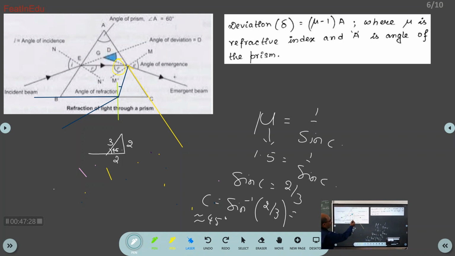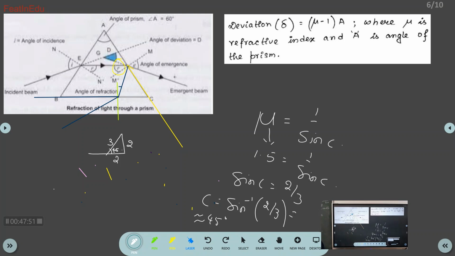If this angle was different, then this angle also will be different, less or more. Having accepted this is A, we have to examine what this is, whether it is greater than the critical angle or less than the critical angle, and accordingly take the decision.